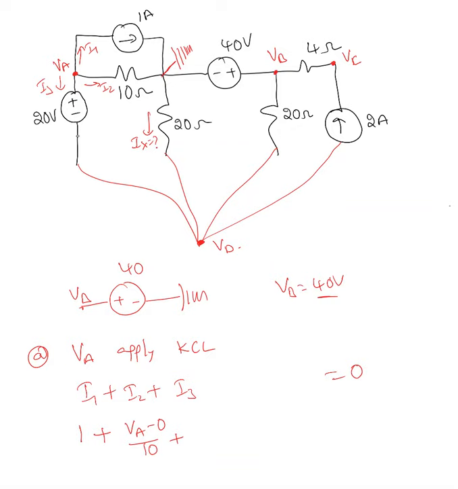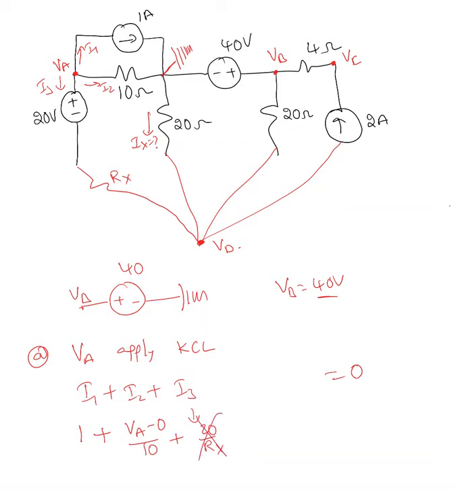Since there is a voltage source, I cannot write for I3. Even, for example, if you have some resistance there, say RX, people start writing this as I3 equal to 20 over Rx, which is wrong.